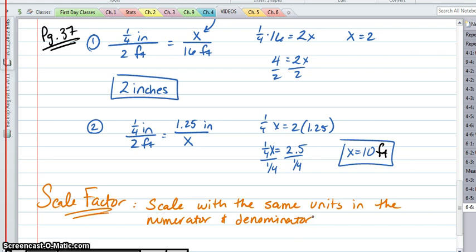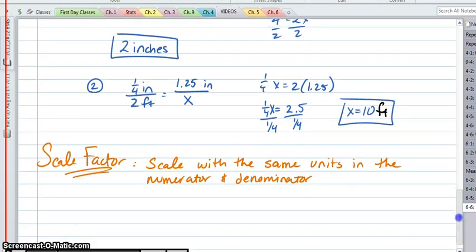When you have the same units, you can tell how many times larger or smaller the model or drawing actually is if we have a numerator of 1. So again, it's the scale with the same units in the numerator and denominator.